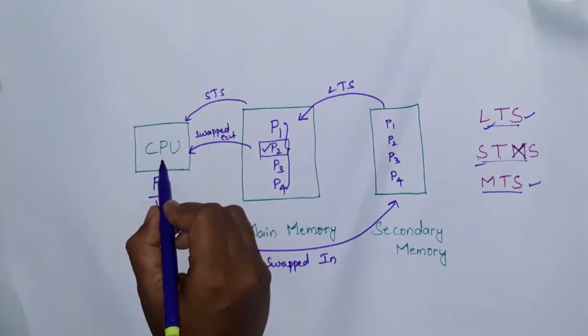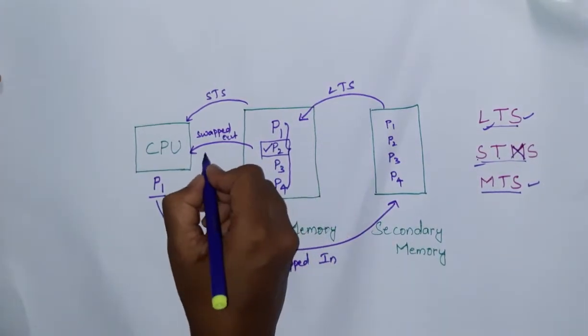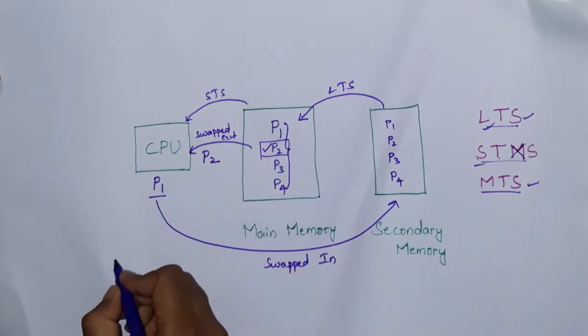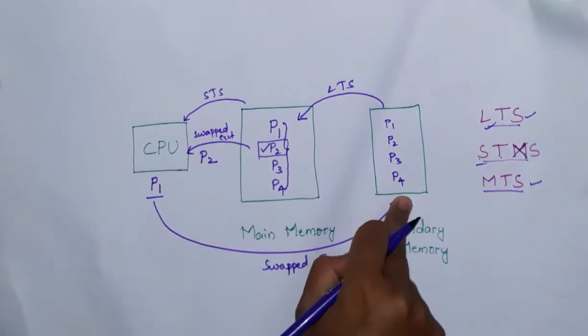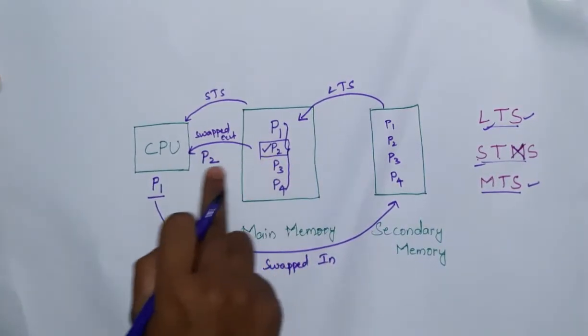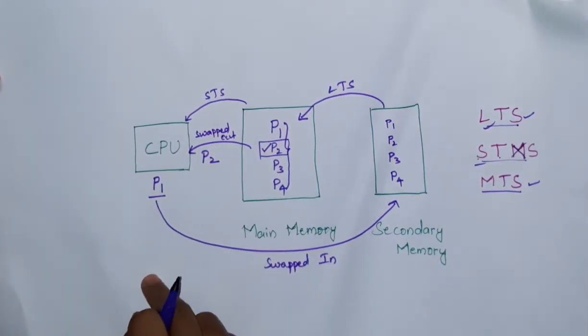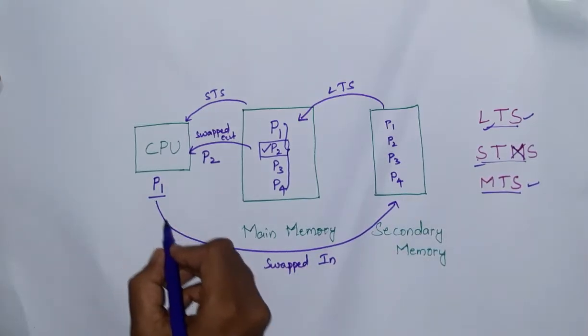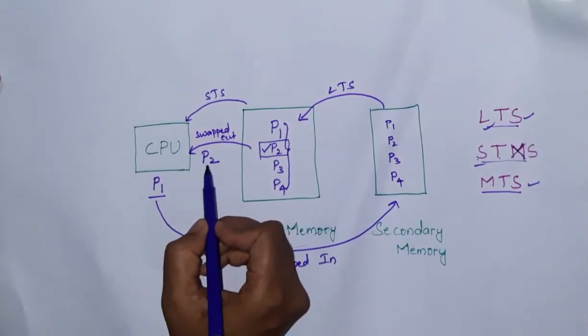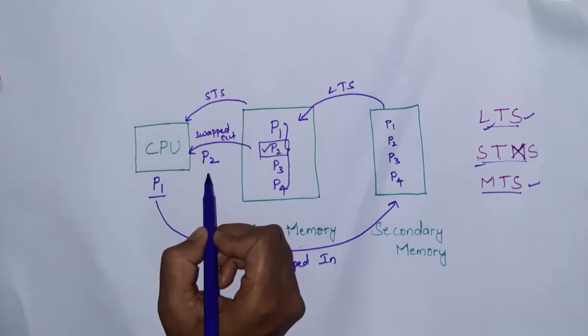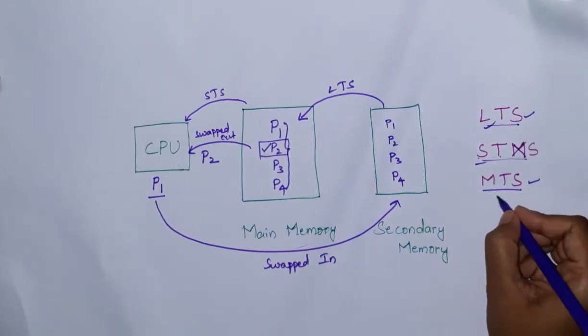Now the CPU scheduler will execute the P2 process. P1 process is not fully executed, but it has been sent to the secondary memory as P2 process has the highest priority. The work of MTS is to shift P1 process back to the secondary memory and to allot the CPU to the P2 process. This is the work of MTS.